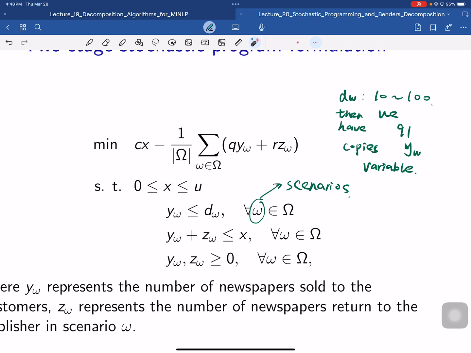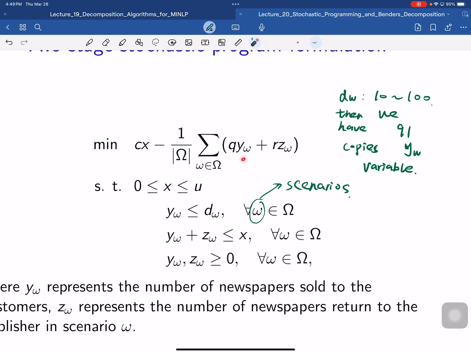So let's interpret the objective a little bit. CX would be the cost you need to buy the newspapers, right? And then when you start to sell the newspapers, we collect some profit.